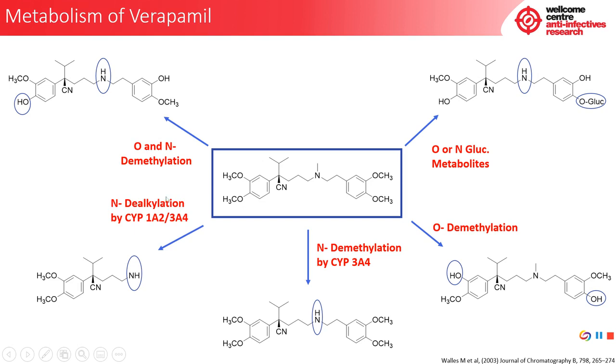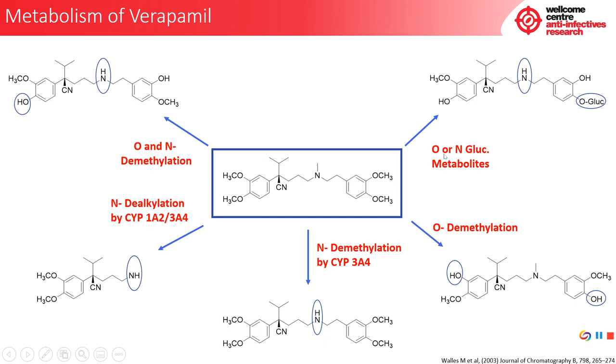This can also undergo N-dealkylation by CYP1A2 or CYP3A4 to give us the dealkylated product. It can undergo N-demethylation by CYP3A4 to give us the demethylated product, or O-demethylation to give us several O-demethylated products.